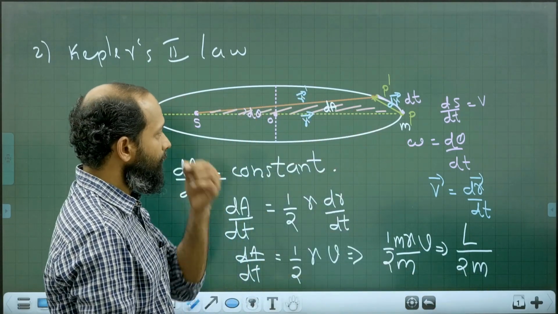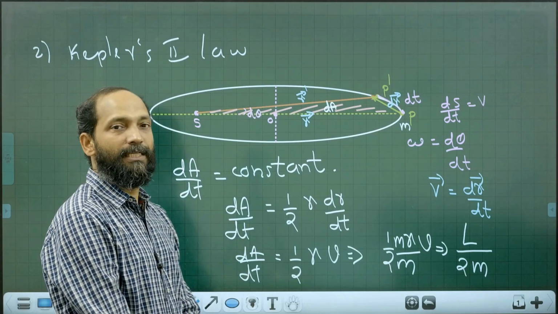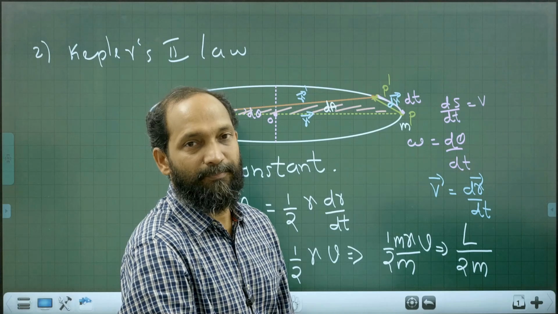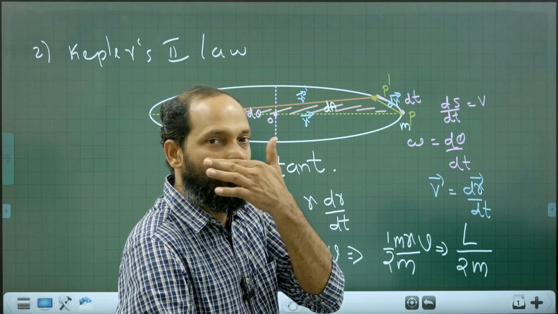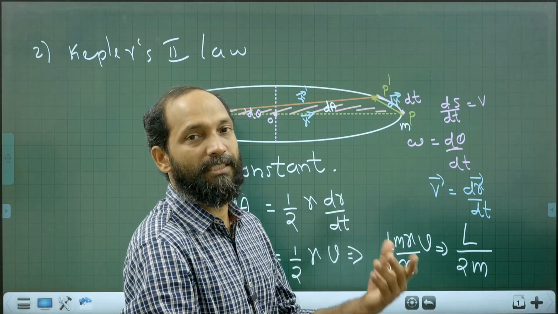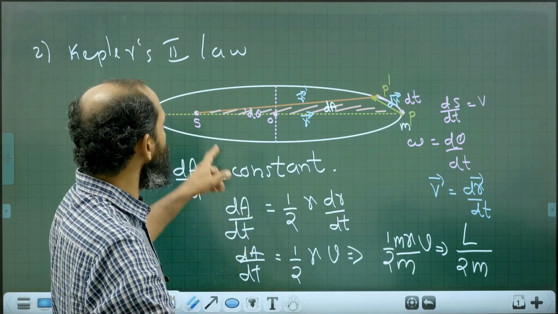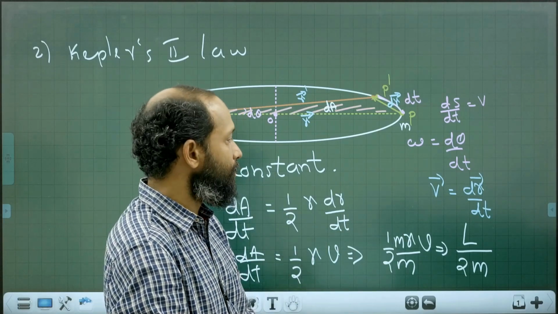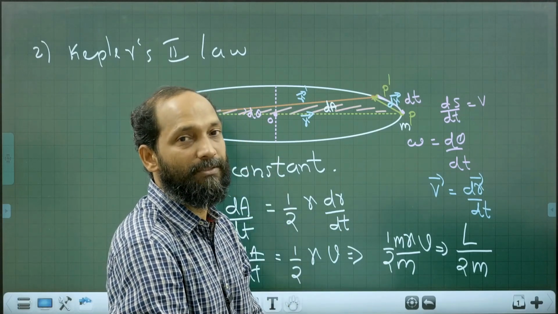Planetary motion is motion under a central field, as there is no torque. There is only one force, the gravitational force, which acts along the line joining the Sun and the planet. As there is no torque, angular momentum is conserved.